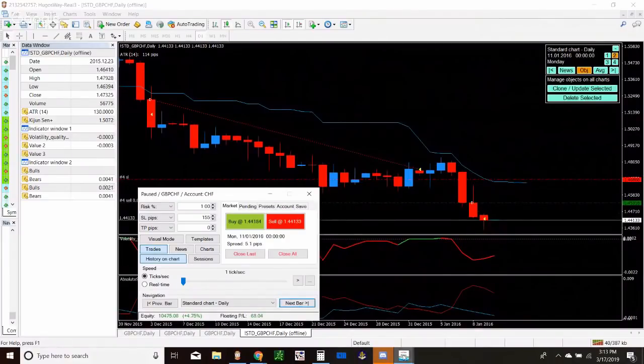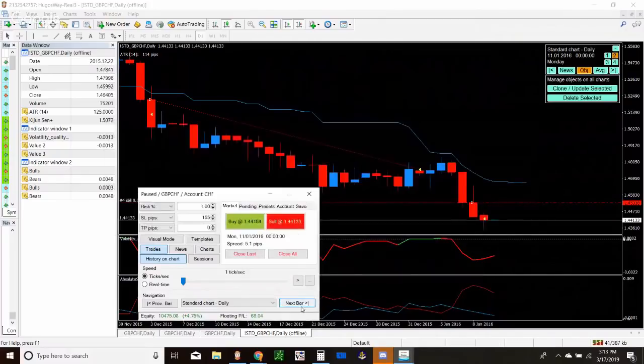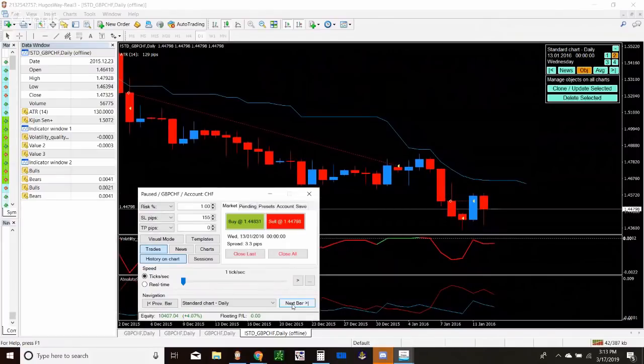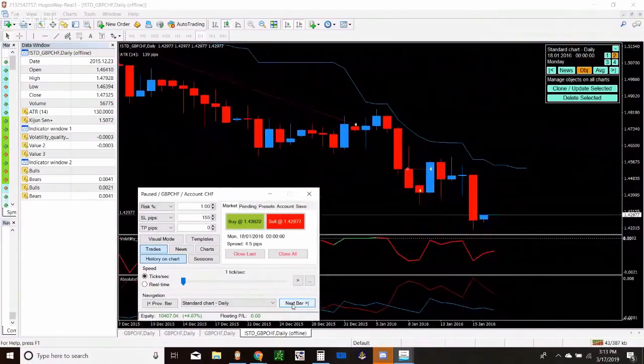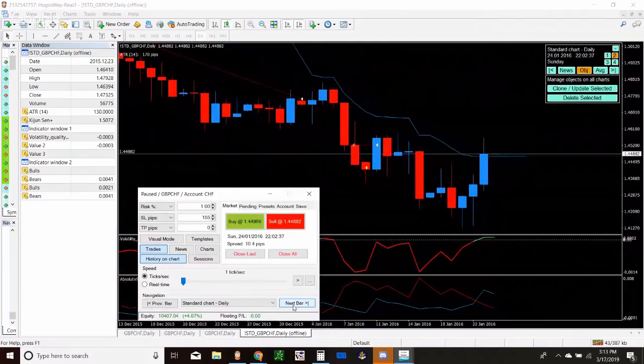Hit our take profits. Now into break even. See, we just got stopped out at break even. So far we've had 2 trades. Seems to be going all right.